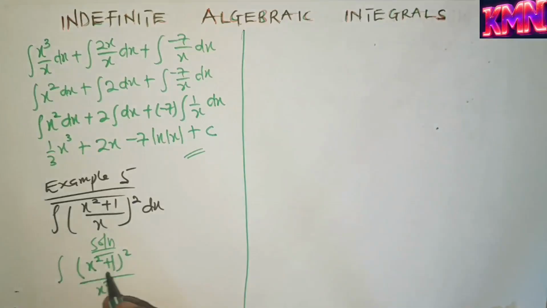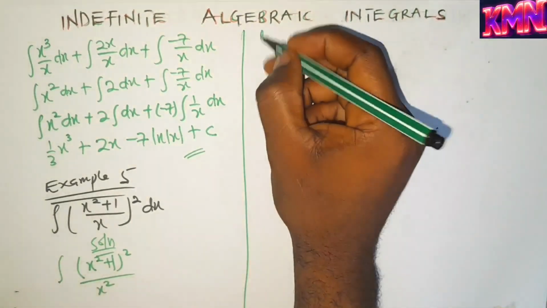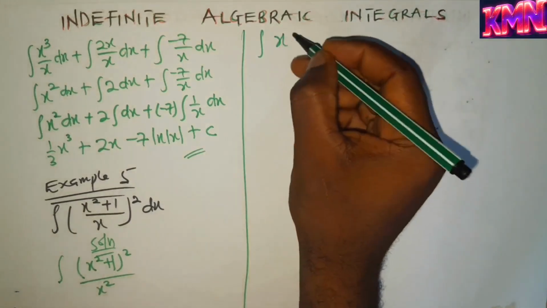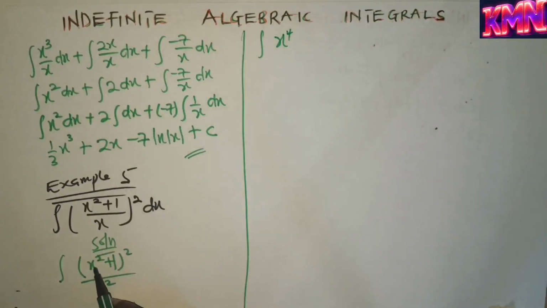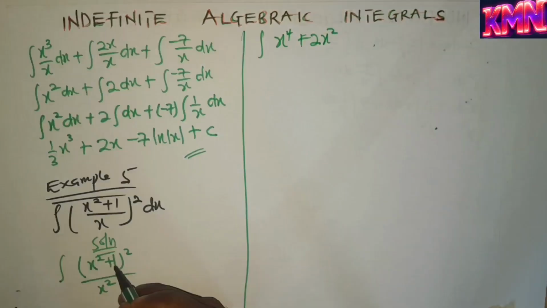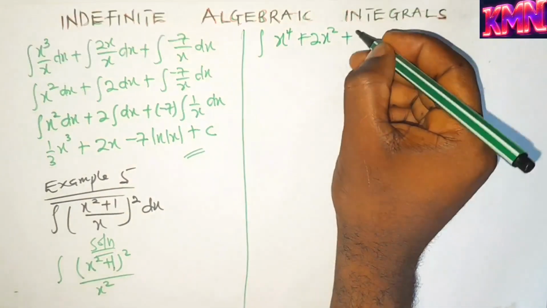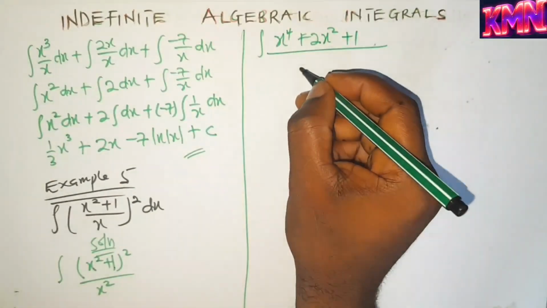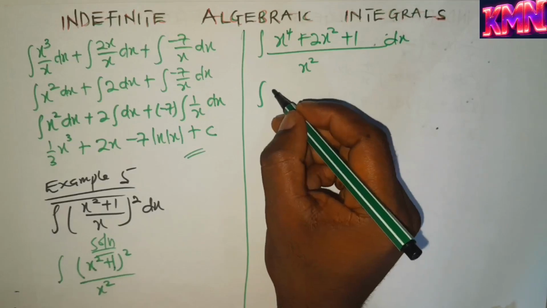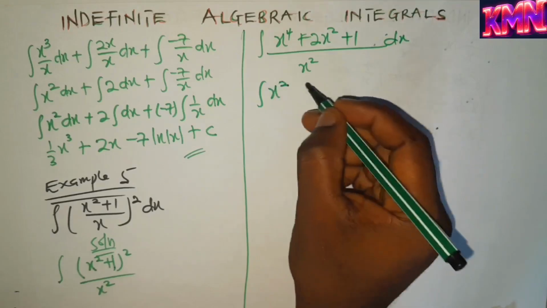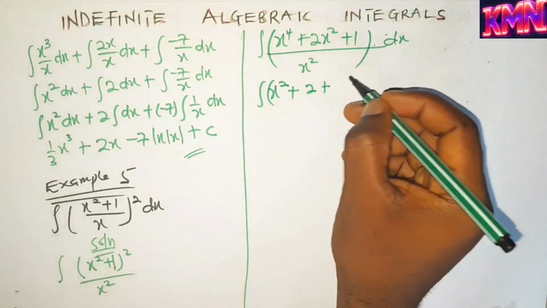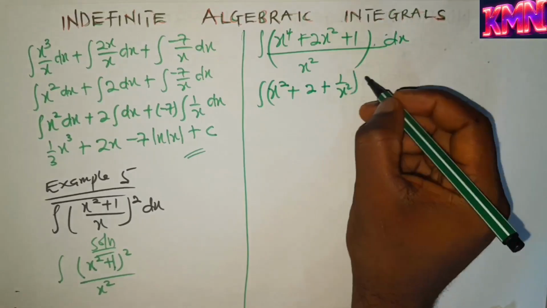With this, expand the numerator: x squared times x squared is x to the power 4, twice the product of x squared and 1 gives us 2x squared, and 1 squared gives us 1, all on x squared dx. Breaking it down, we get x squared plus 2 plus 1 on x squared dx.